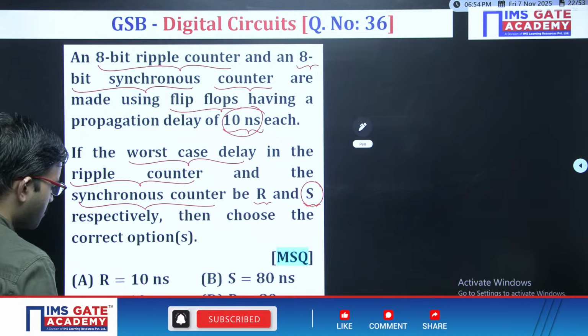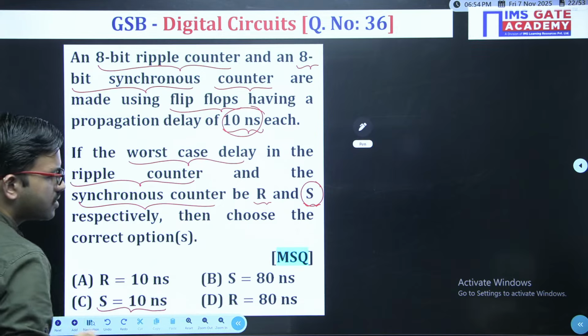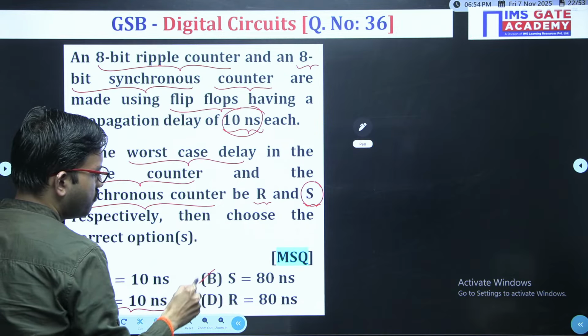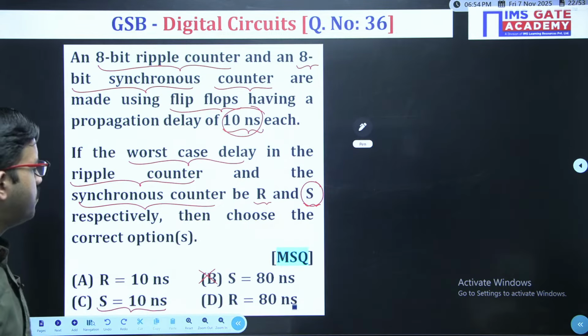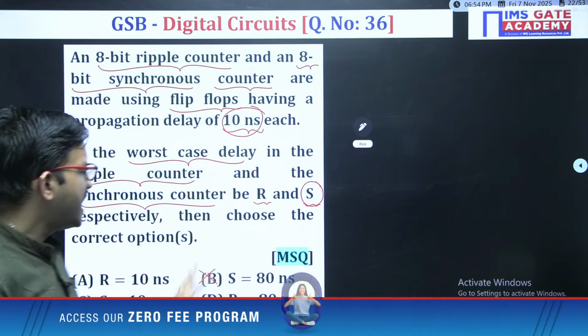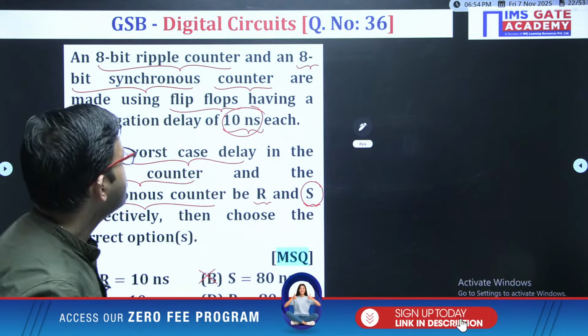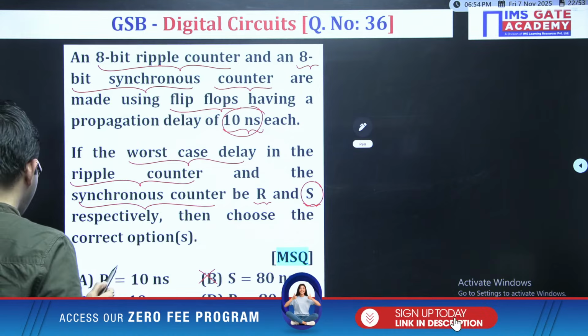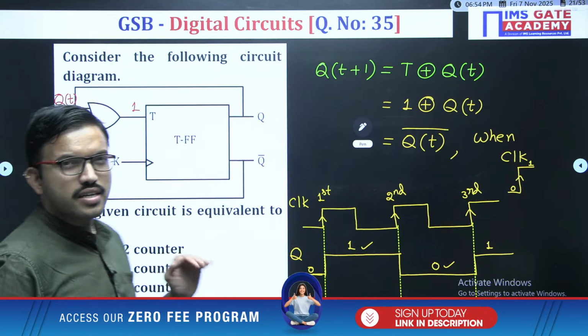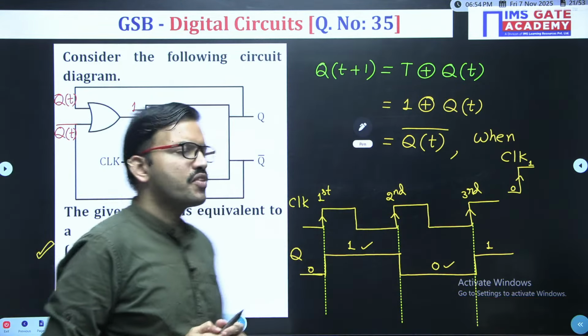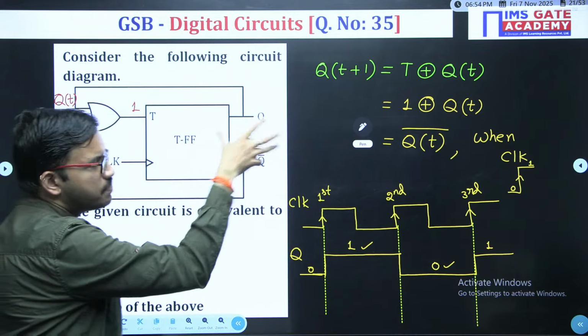That is there in option C, so option B we can eliminate. Now coming to A and D, we have to decide. Very simple. A ripple counter is nothing but a binary counter, with multiple flip-flops.